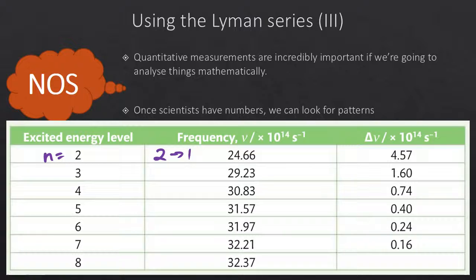Now, this delta nu is saying what is the difference between these two numbers. So 29.23 by 10 to the 14 subtract 24.66 by 10 to the 14. The difference is 4.57 by 10 to the 14. Okay, let's actually graph some of this data.